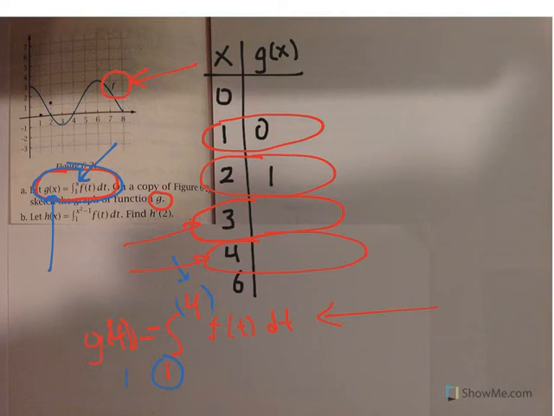Let's go ahead and look at that. So how do you interpret the definite integral of f of t dt from 1 to 4? You interpret that as the area between the graph of f and the x-axis from x equals 1 to x equals 4. So again, we have this triangle that we had earlier, and we said the area of that triangle was about 1 unit. And then we have this region below the x-axis, so we're going to interpret that area as negative area.